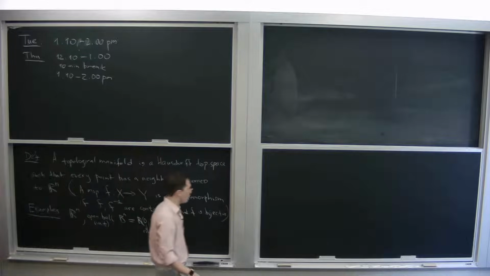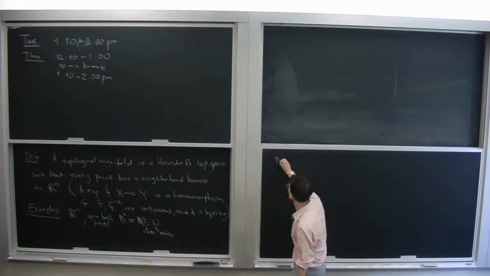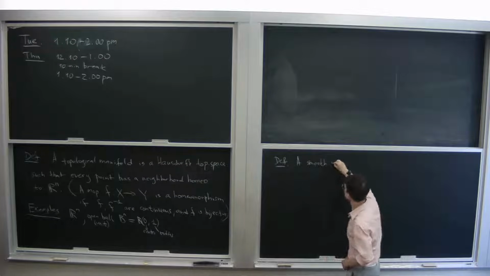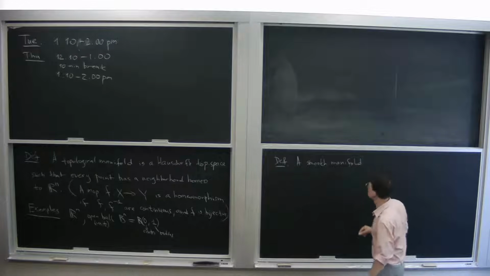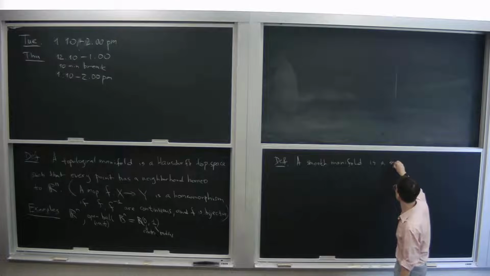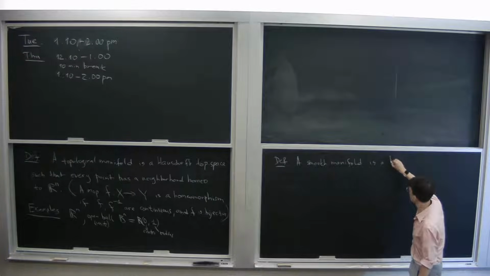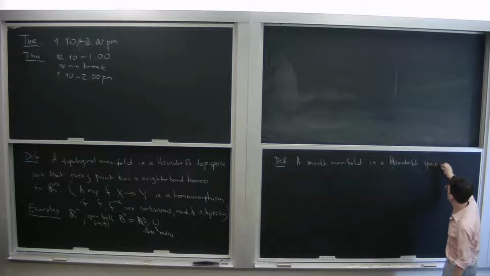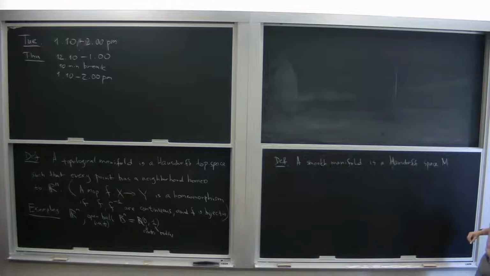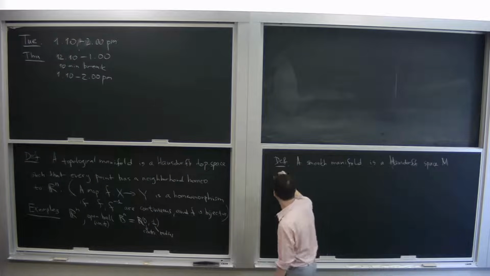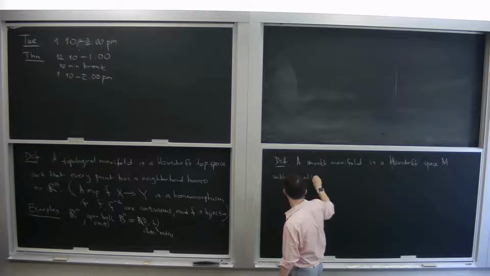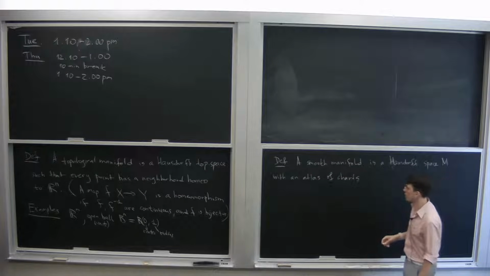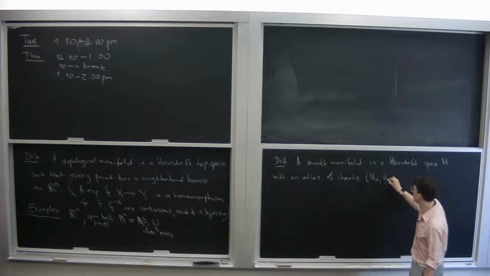Now, a smooth manifold is again, usually, a Hausdorff space M equipped with an atlas of charts, which I will denote by (U alpha, phi alpha).